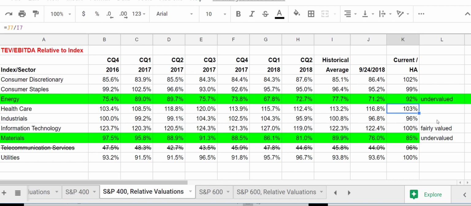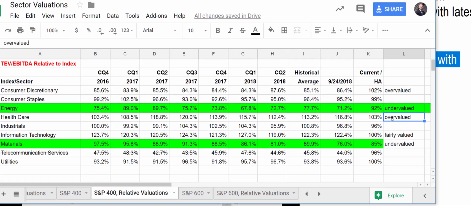If I had to pick one that was overvalued, I would say that this one is, just because it's got the highest number out of all of these in column K. And we could say that consumer discretionary is overvalued. But again, if you just forced me to pick two that were overvalued, those are the ones I would pick. I think a difference of 2% compared to its historical average is just not that much to really say it's overvalued. So I'm going to weakly make this argument that these two are overvalued.